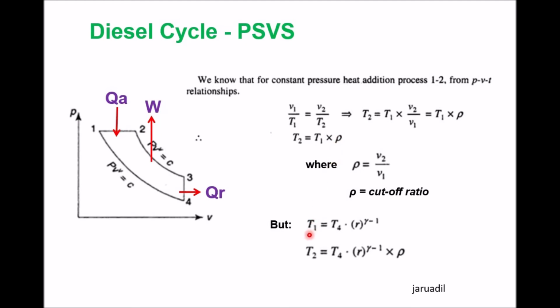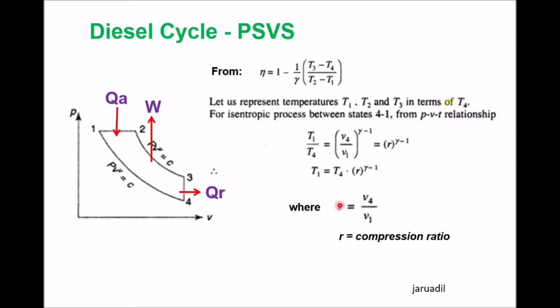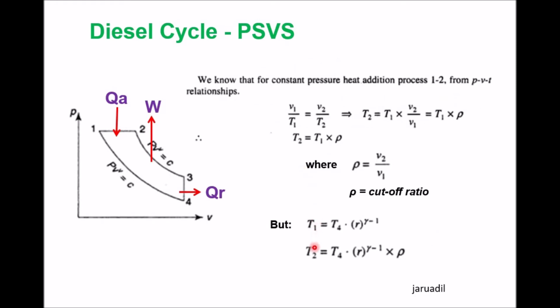But T1 is equal to T4 times r, the compression ratio, raised to gamma minus 1. From this equation, we know this. Therefore, for T2, substitute this T1 into this equation.